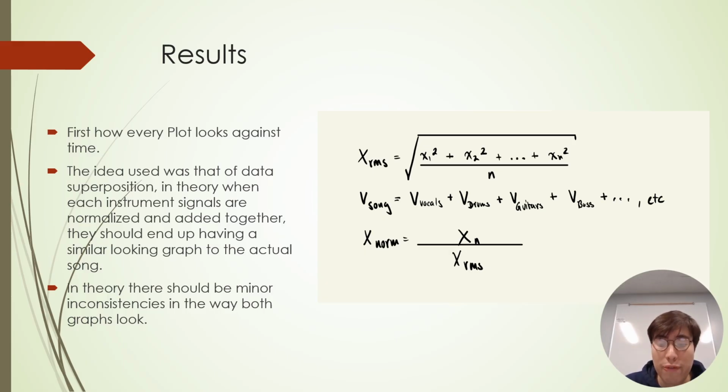I created a bunch of vectors that were only zeros, with the length of each instrument that did not have enough length to match the length of the instrument that had the most length. That way, just the tail of the signal graph would not affect me as much.